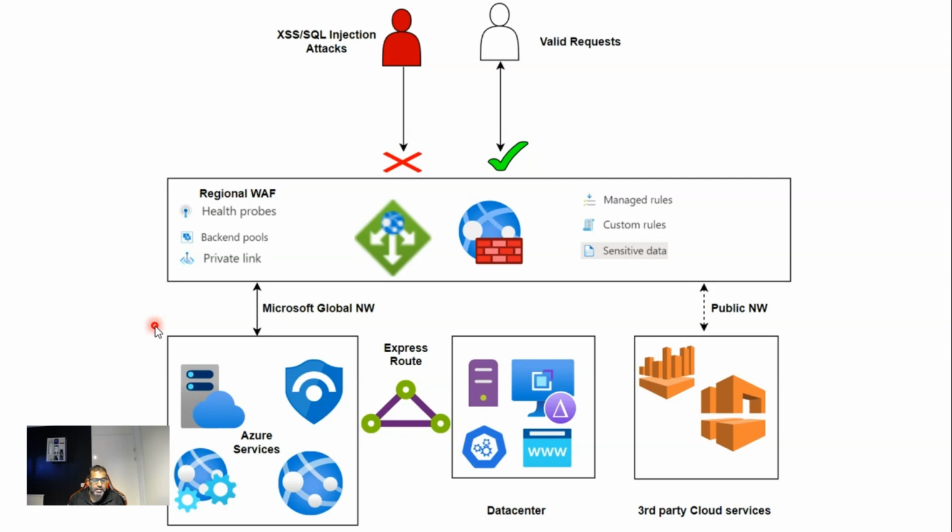You can definitely think about it and make use of the regional web application firewall, global web application firewall, or Azure Front Door. So overall, it looks like this. And let's go to the demo.